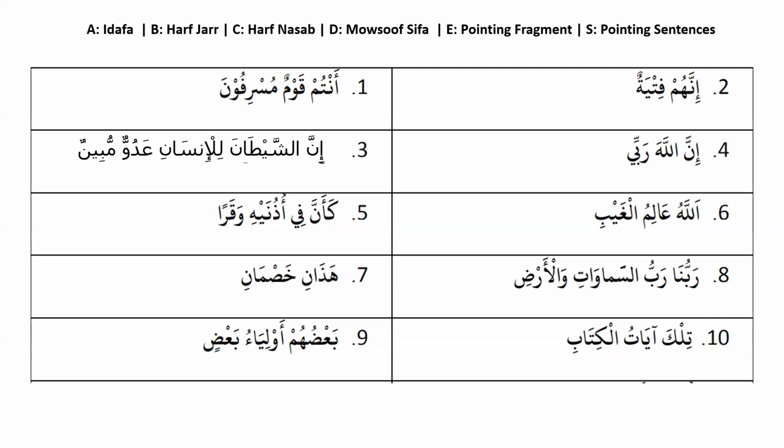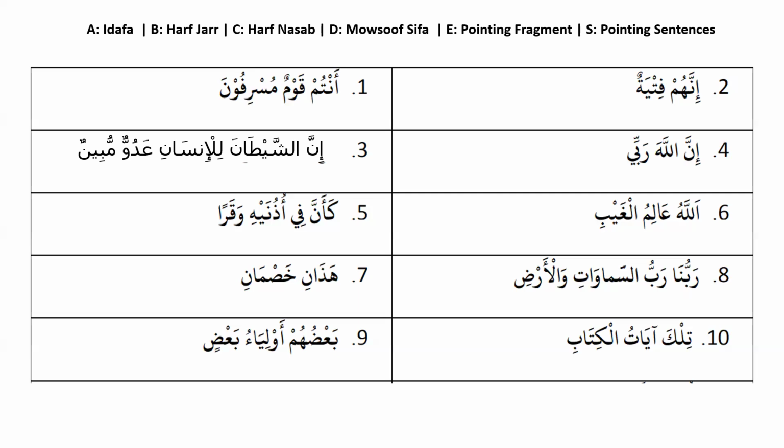If I ask you in the exam or the quiz next week how many fragments you see in number one, what will be your answer? Only one. And what is the fragment's name? Mawsuf sifa.